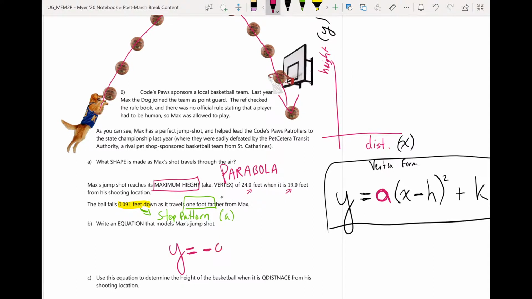So we put our step pattern value in here, negative 0.091, and then we have to put our information in here in our vertex form.